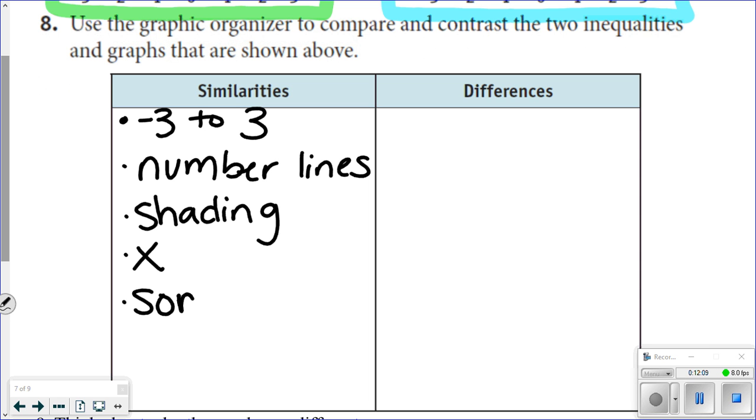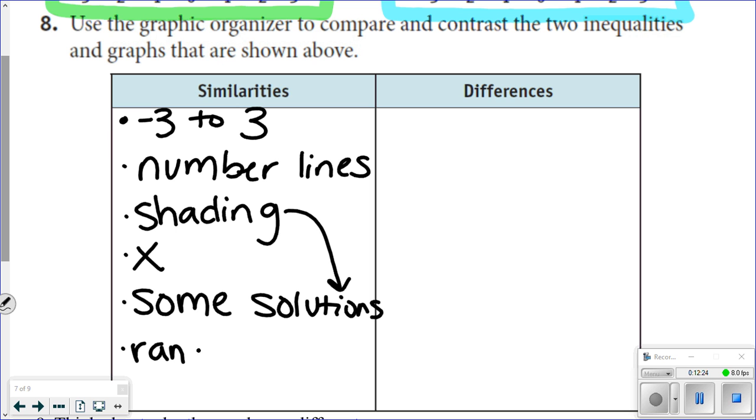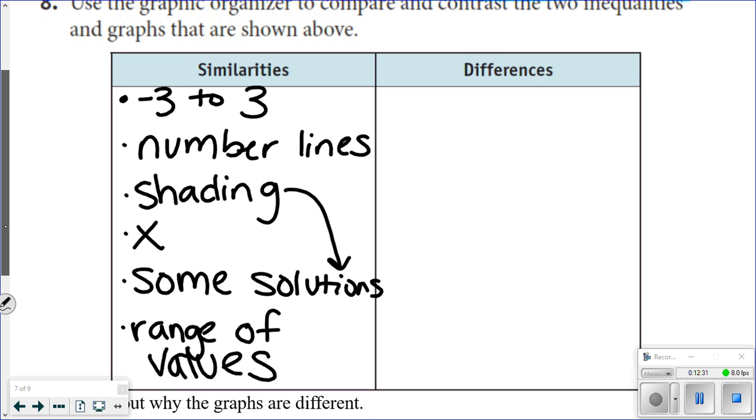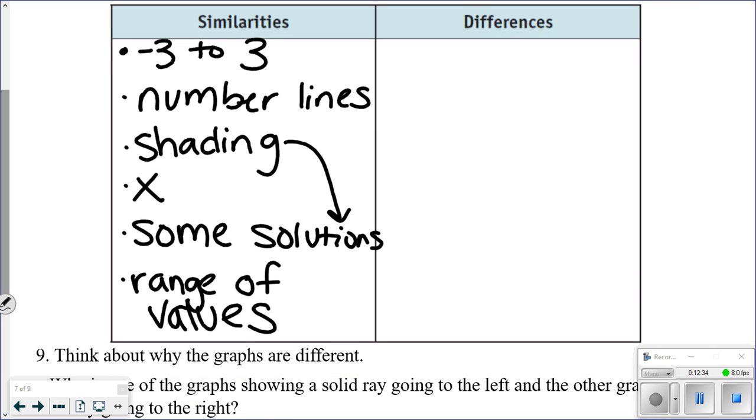Some solutions are the same, which means we shade over some of the same numbers. Both graphs show a range of values. This is a lot more similarities than I was expecting. They both have inequality symbols. They both have solid rays shading with arrows at the end.